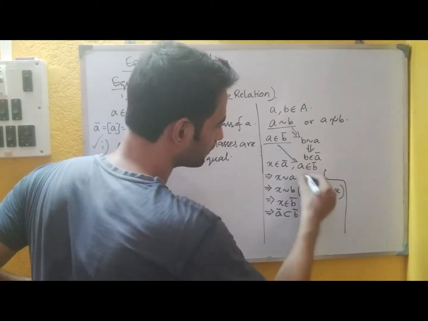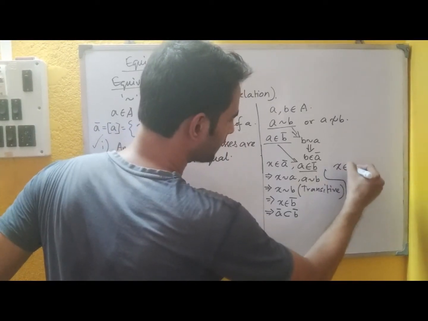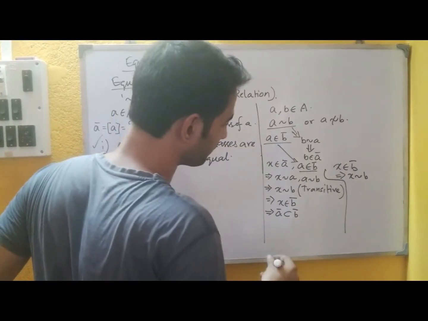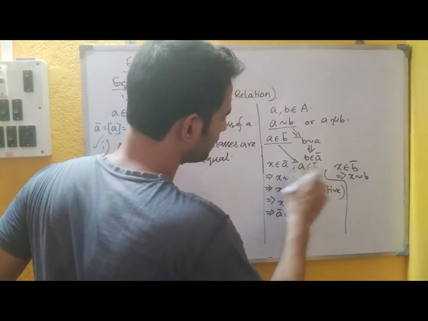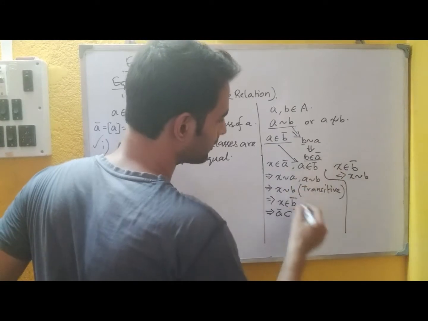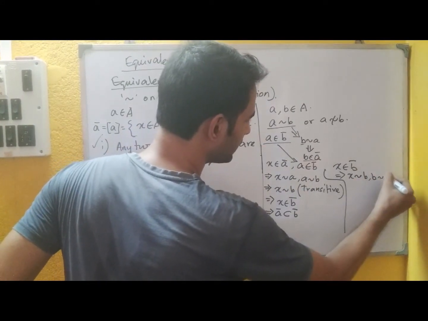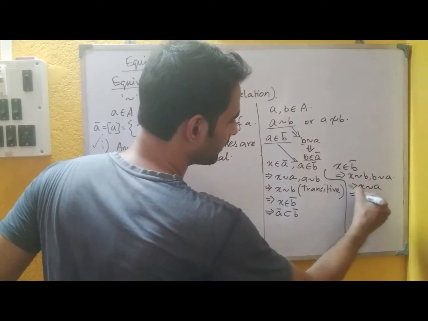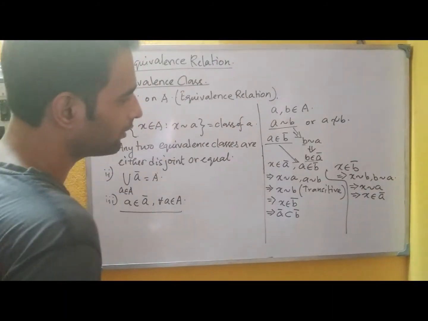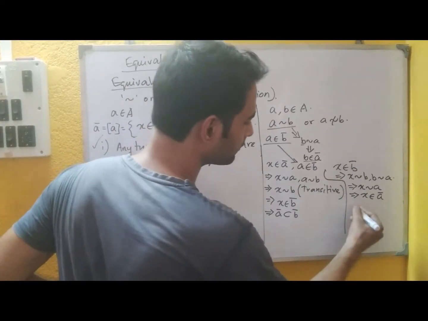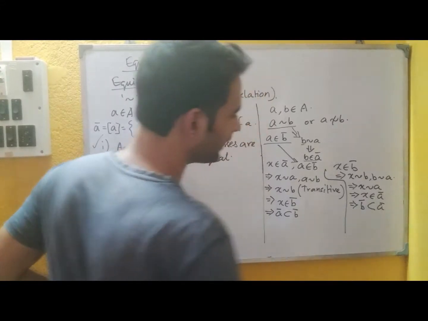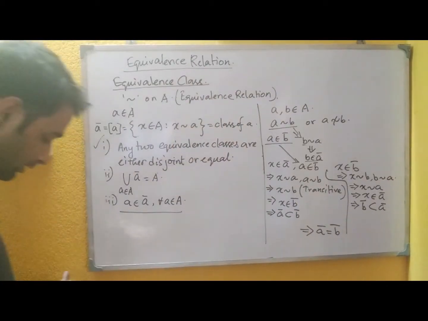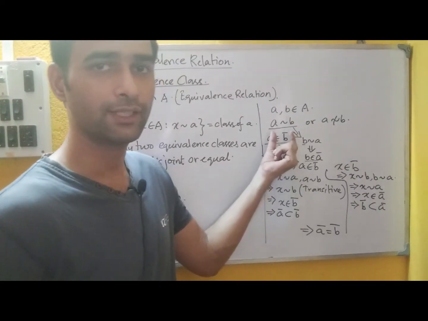And also, if you take any element x from class B, that will imply x is related to B. And also, B belongs to A, that will say B is related to A. So by transitivity we get x tilde A, and this implies that x belongs to class A. So x was in class B and now it is in class A. So this implies that class B is a subset of class A. So these two conditions together will imply that class A is equal to class B. That means whenever two elements are related to each other, their classes are the same.